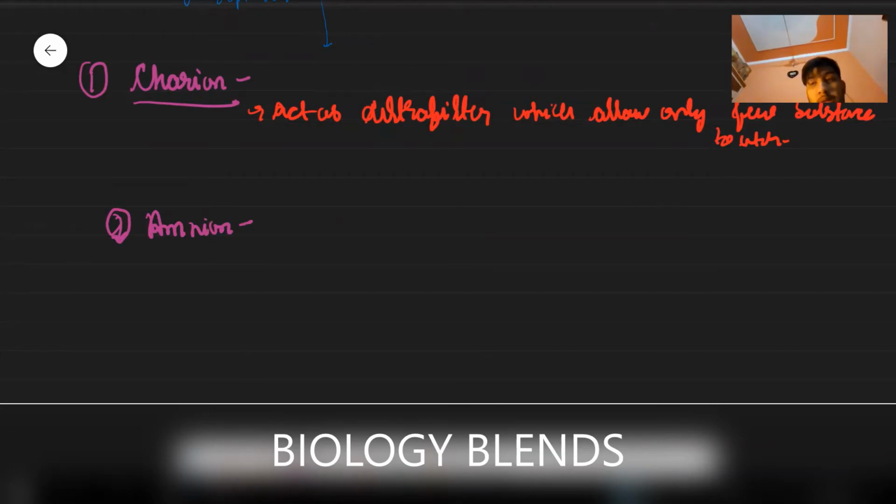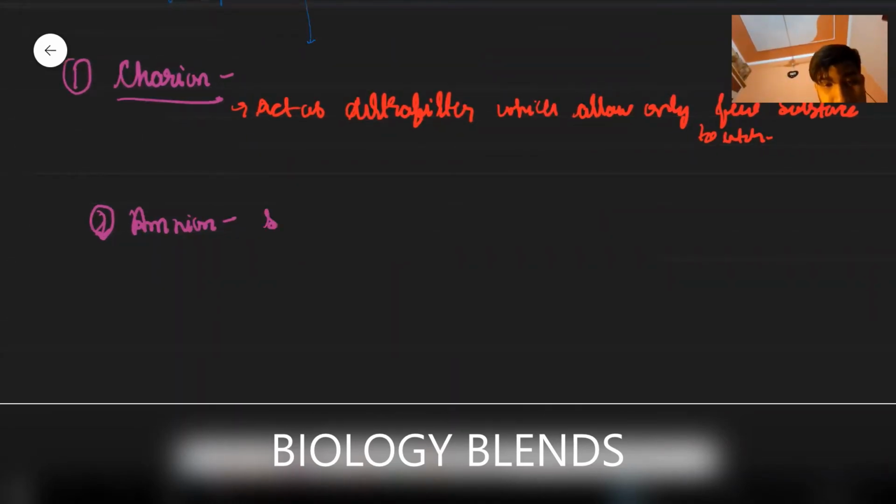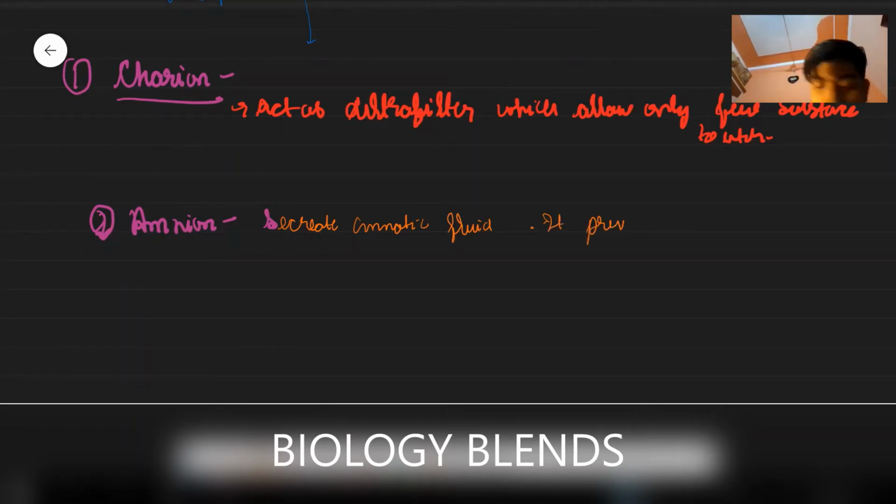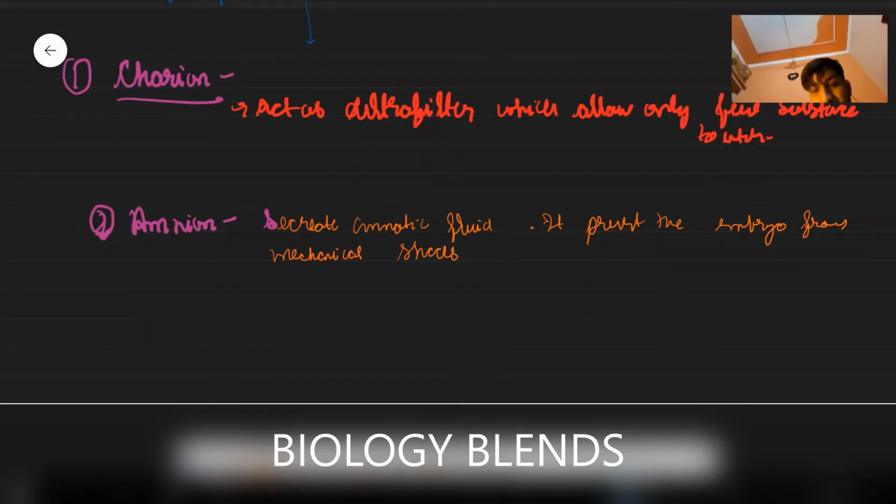The amnion secretes the amniotic fluid, which protects the embryo from mechanical shocks and electrical shocks, and also prevents the dryness of the embryo, known as desiccation.